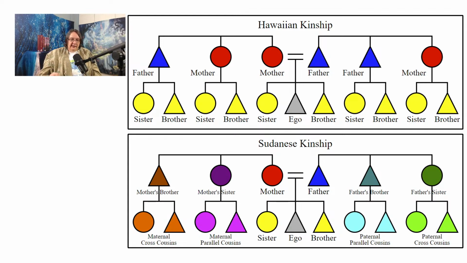I don't know the Sudanese words, but in Swedish, you would say it is my morbror, or my mormor is my grandmother. Or you would say it is my farbror, which is my father's brother, my uncle on my father's side. Or my faster, which is my father's sister, my aunt on my father's side. So your language would actually change to support these kinship models.